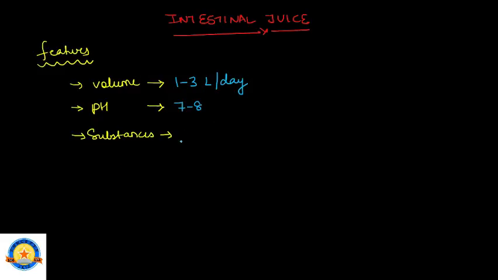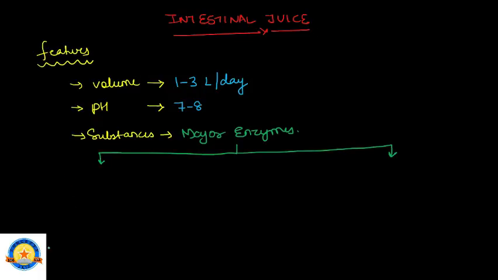And what are the substances? It is not divided into organic and inorganic. It is mainly enzymes, the major enzymes. Now, what are the major enzymes? They are divided into types. One is called protein splitting enzymes, and another is called carbohydrate splitting enzymes.